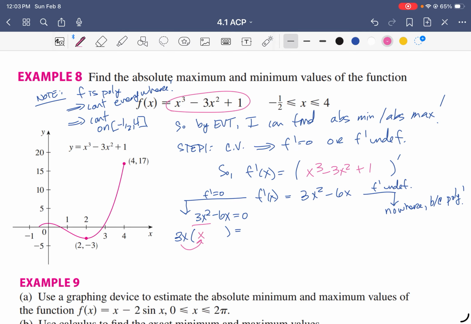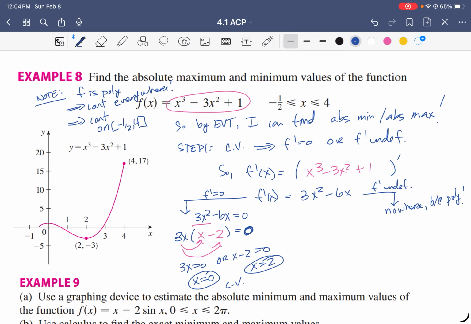The answer is x. And then 3x times what gives me -6x? The answer is -2. Why do I like that? Because now I have two things that multiply together to get 0. So either this is 0 or this is 0, which means x equal to 0 and x equal to 2 are my only critical values.